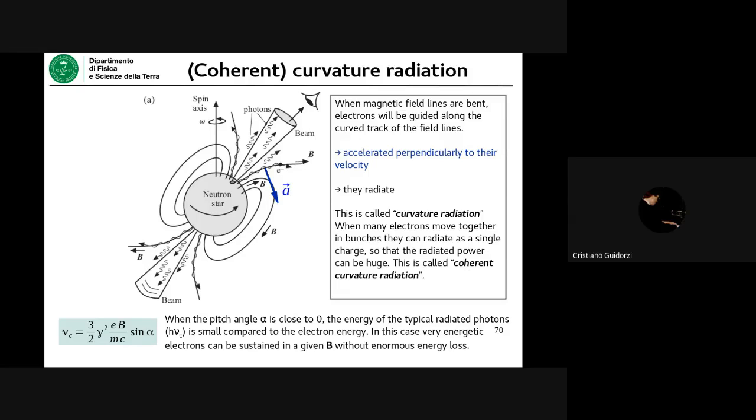You have an extra adjective whenever this is the case, which is coherent. We will see in a moment that this is when you don't have just one single particle on its own, but a bunch of particles, in particular that lie very close to one another. A bunch of particles whose size is negligible with respect to the wavelength of the resulting radiation.